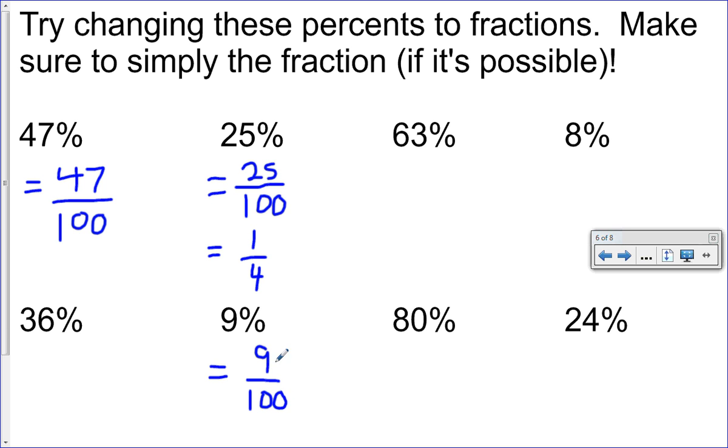A lot of people tend to look at smaller percents that are less than 10, and they'll say, well, this is 9, so it's only 9 out of 10. But you have to remember, percent is always out of 100. Okay, so pause the video, try these remaining 5 problems, and then we'll take them up tomorrow.